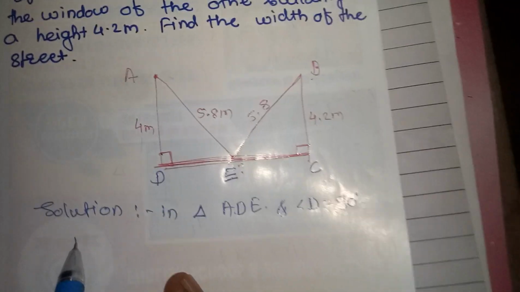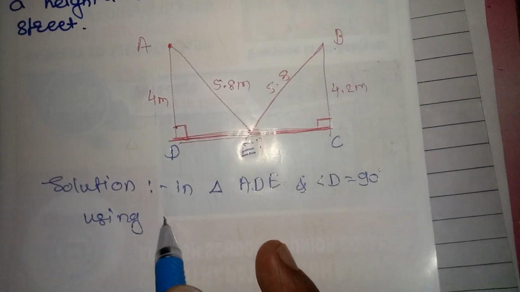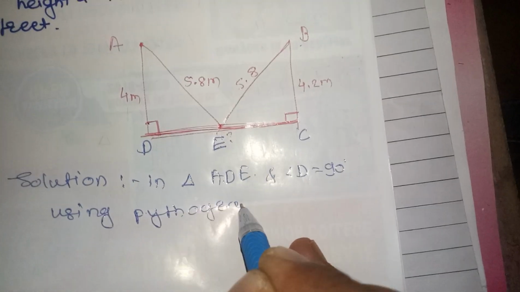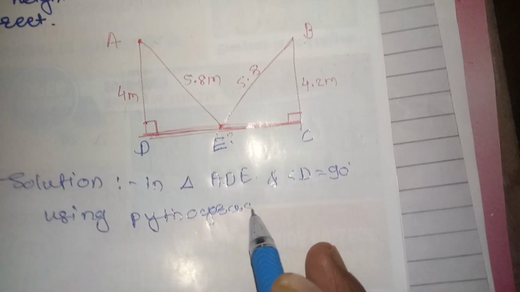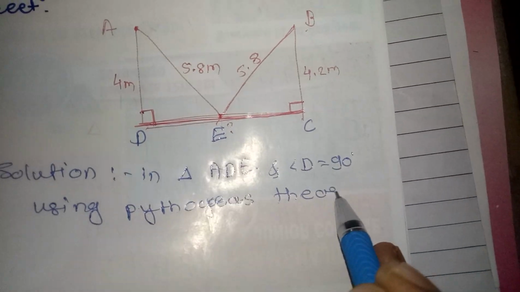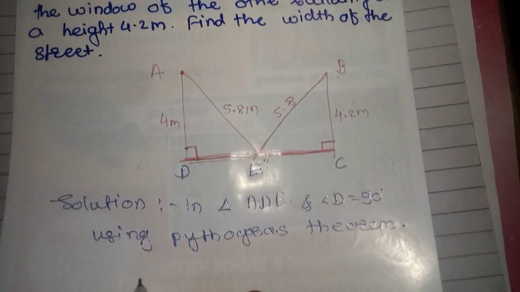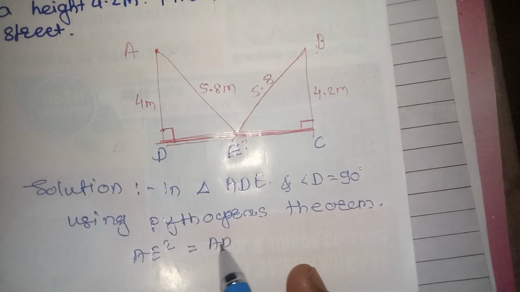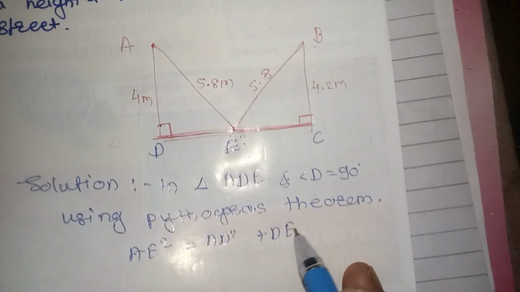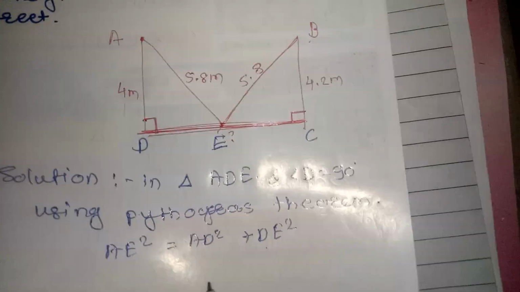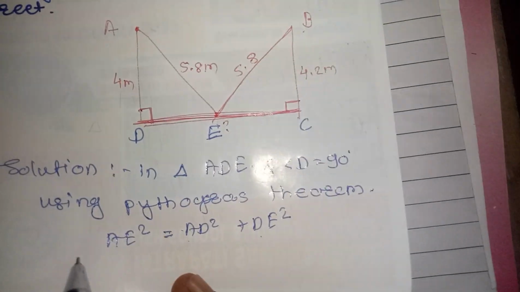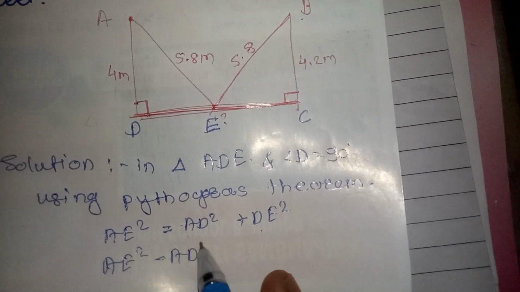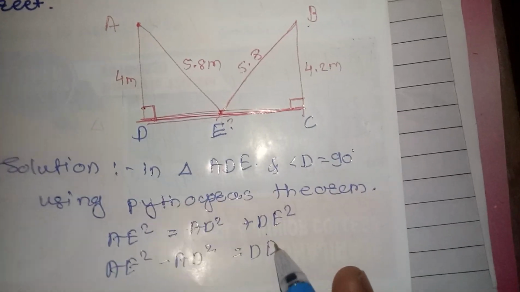Using Pythagorean theorem, AE square is equal to AD square plus DE square. But we have to find DE square, so AD square goes to the other side, minus, then AE square minus AD square is equal to DE square.